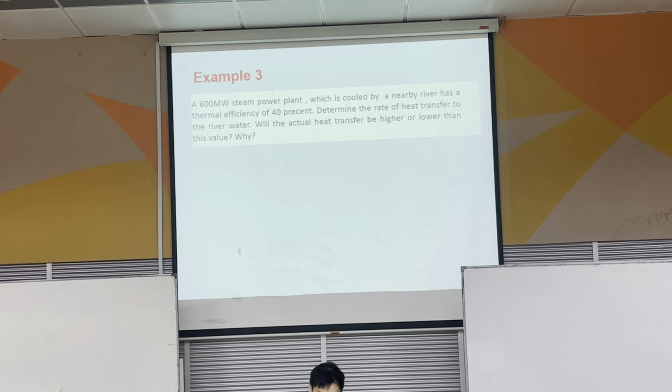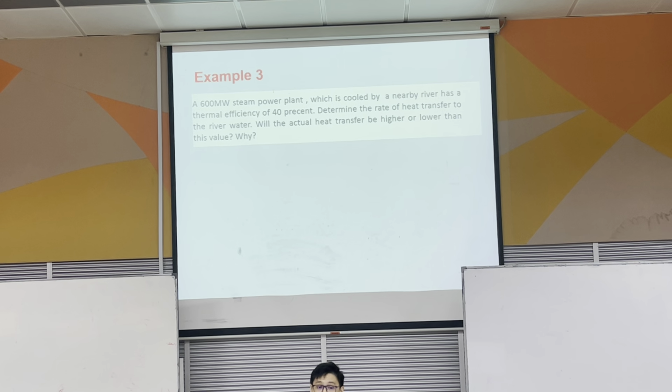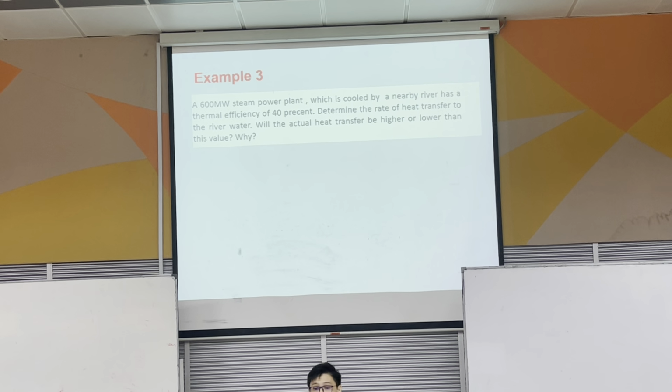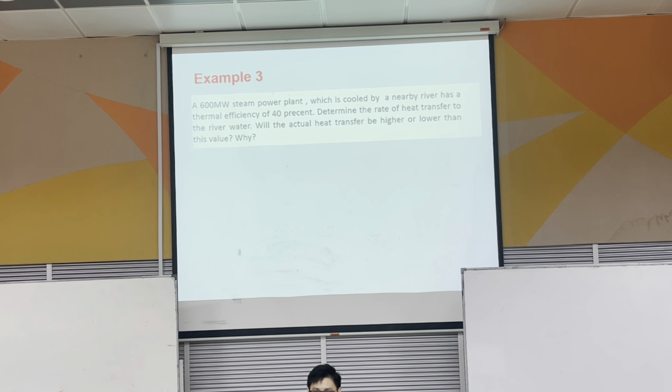One example here is a similar type of example. A 600 megawatt steam power plant, which is cooled by a nearby river, has a thermal efficiency of 40%. Determine the rate of heat transfer to the river water. Will the actual heat transfer be higher or lower than this value? Why?